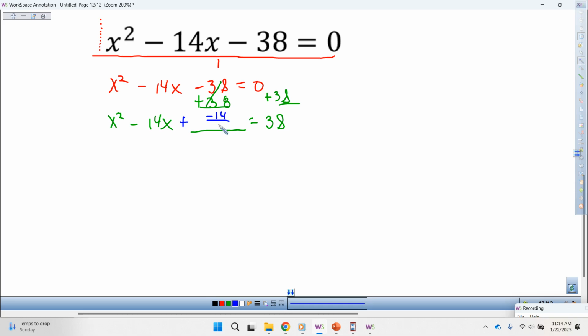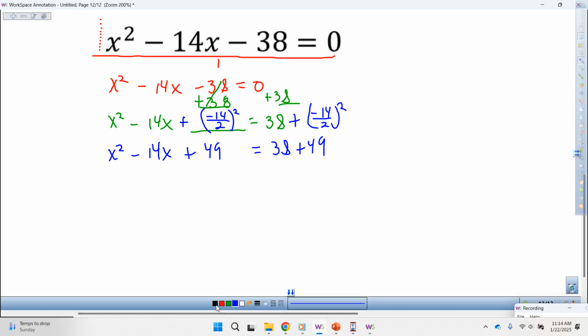Negative 14 over 2 squared. Do that to both sides. Negative 14 over 2 squared. So we end up with x squared minus 14x plus negative 14 divided by 2 is negative 7. What is negative 7 times negative 7? That is 49. And all that equal to 38 plus 49.